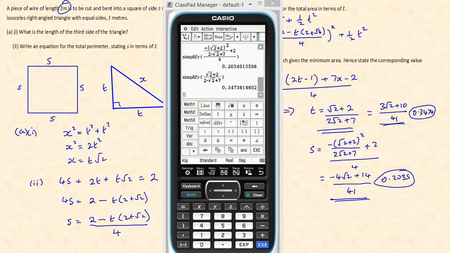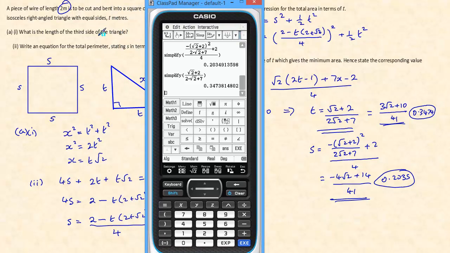And then we can see if it makes sense back here. So we would have 4 lots of this one, add 2 lots of that one, add, and then we need root 2 lots of the t value as well.